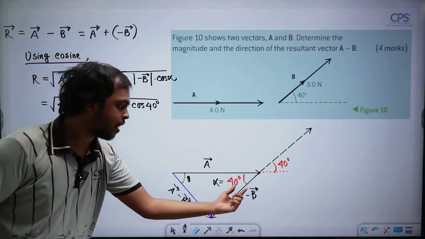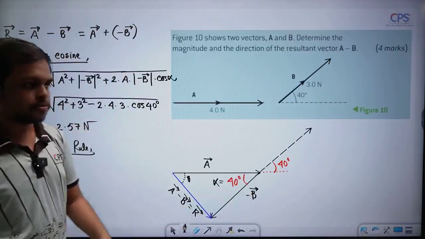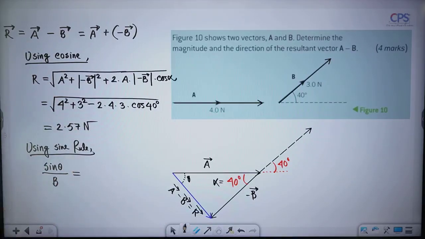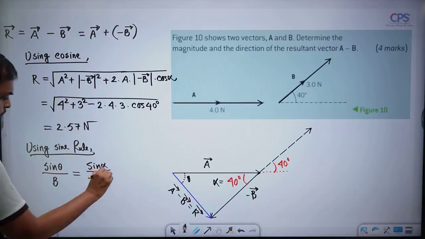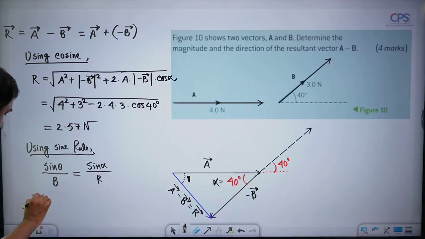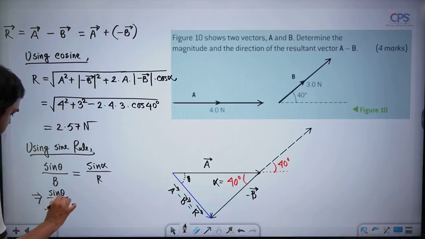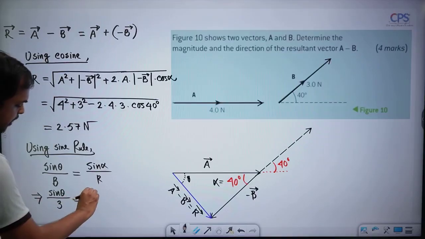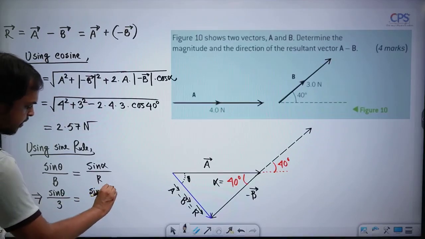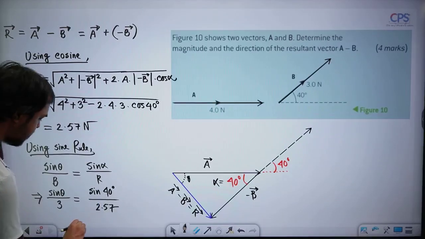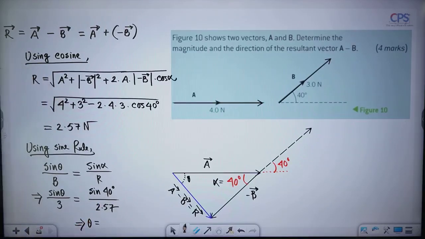This length will be the magnitude of minus B. So the magnitude is taken here, divided by sine alpha equals sine alpha by R. So sine of theta, the magnitude of B is 3, sine alpha, alpha is 40 degrees and R is 2.57. So from here you will get the theta value.